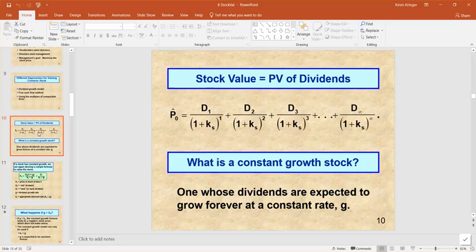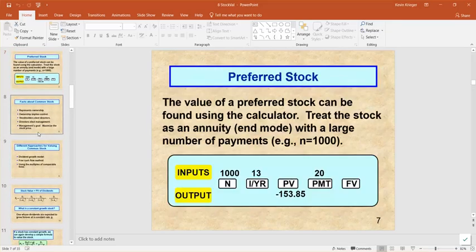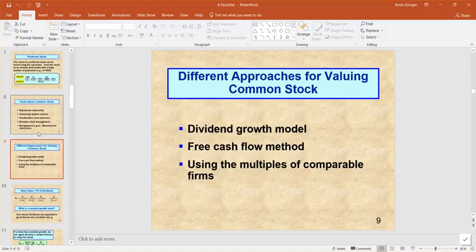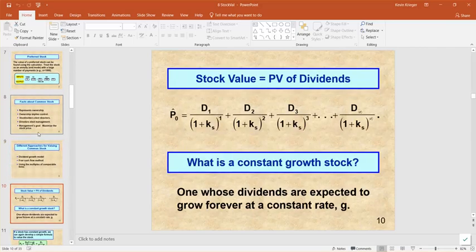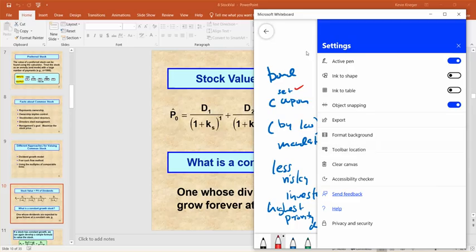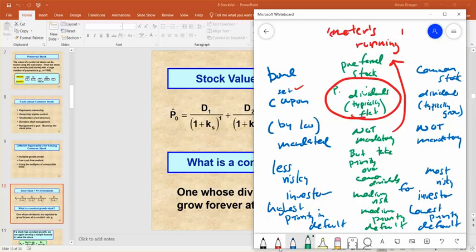You can't just use the shortcut formula for preferred stock, where the value is the constant dividend amount over the discount rate. Now you have to deal with this, and one thing that makes it a lot easier is if you assume the dividends are going to grow at the same rate forever, and we call that rate G. To be kind of blunt with you, like we said, the dividends for preferred stock typically don't grow, they're typically flat.